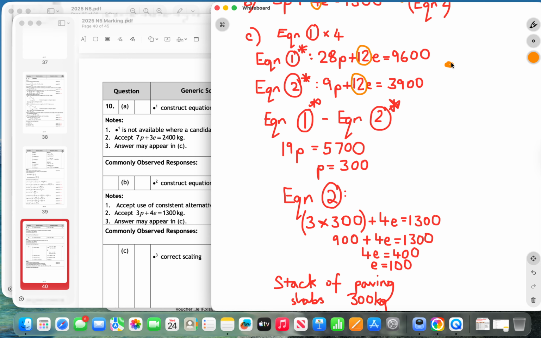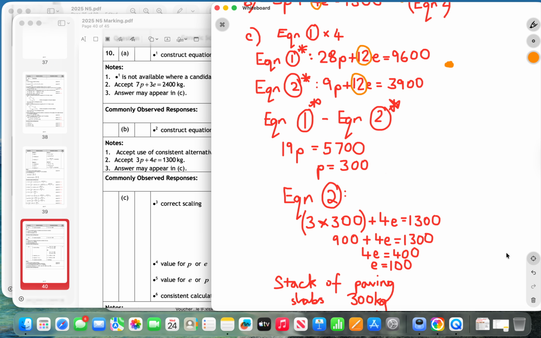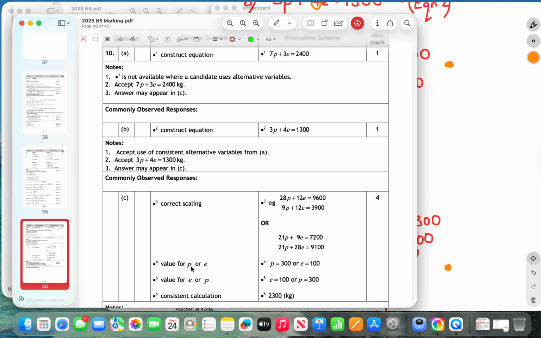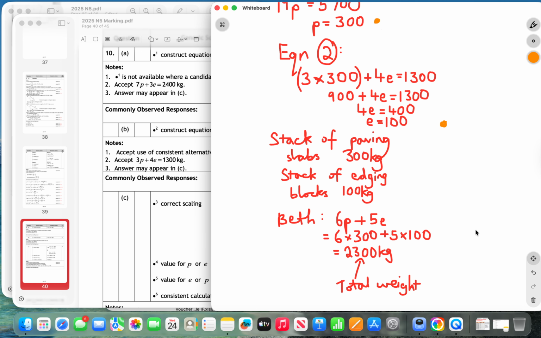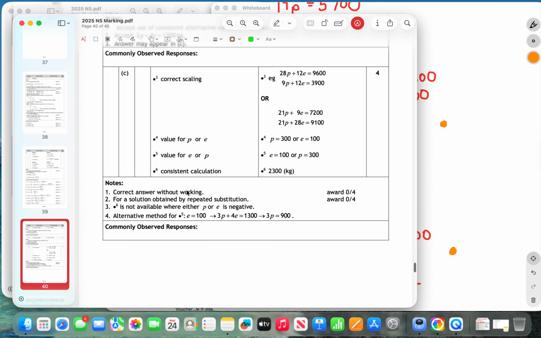You could either do this by matching up the numbers in front of E or P. I chose E. The second mark would be for P. The third mark would be for E. And the fourth mark would be for the final answer.